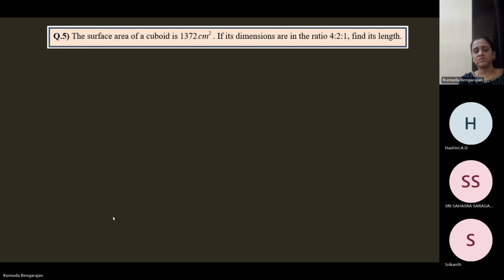Similar, no? Surface area is given, which means the total surface area is given, and the dimensions are given to be in the ratio 4:2:1. Find its length. You are only asked to find the length of the cuboid, not breadth and height. Find its length, meaning find the length of the cuboid. Do it quickly. Surface area means total surface area.